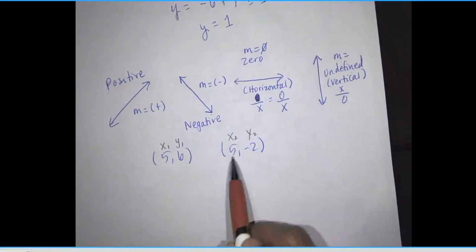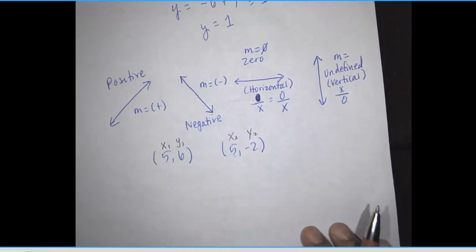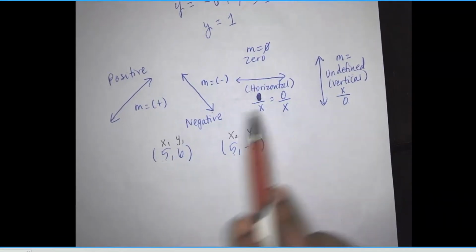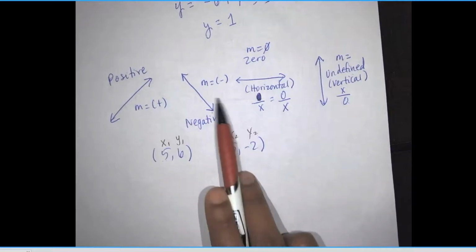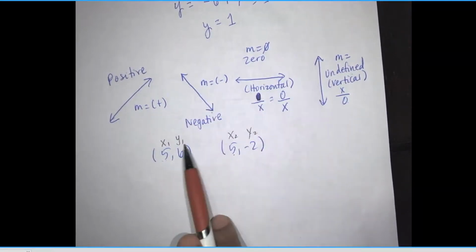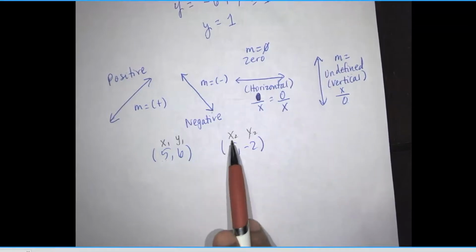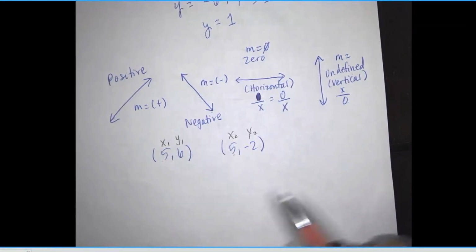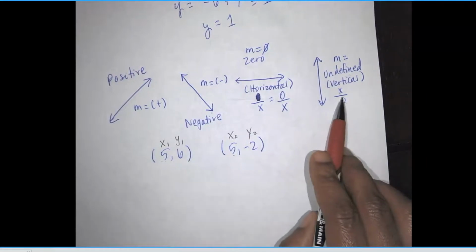If the x coordinates are the same, watch how the math will work. It's not a positive or a negative slope; it's going to be one of these two because two of our values are the same. So what happens if our x's are the same? Is it m equals 0 or is m undefined?